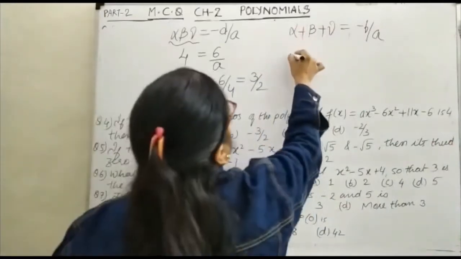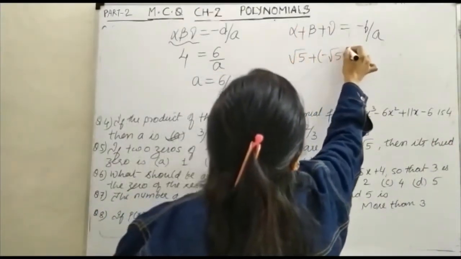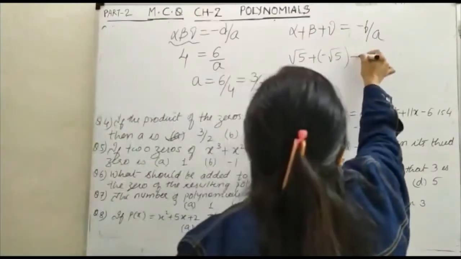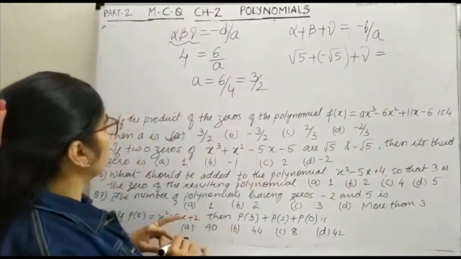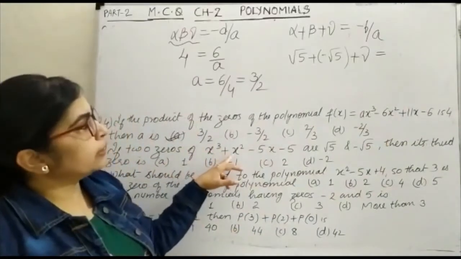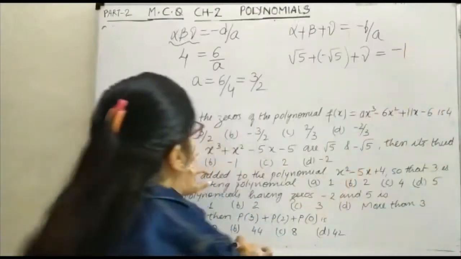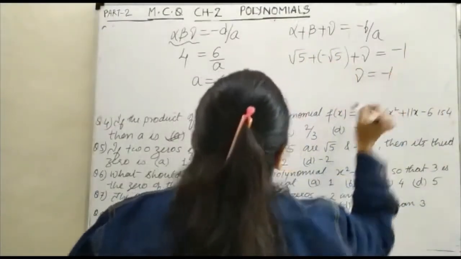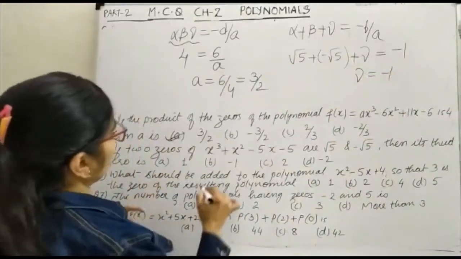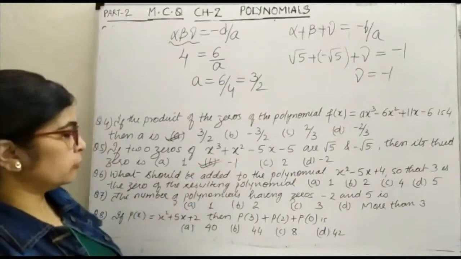So here one value is under root 5, next value is minus under root 5, and you can take this as gamma, and this is minus b. So you can find out the value of b is 1. So this becomes minus 1, and a is again 1. So from here you can see that your gamma is equal to minus 1. So we are here with the option B, that is minus 1.